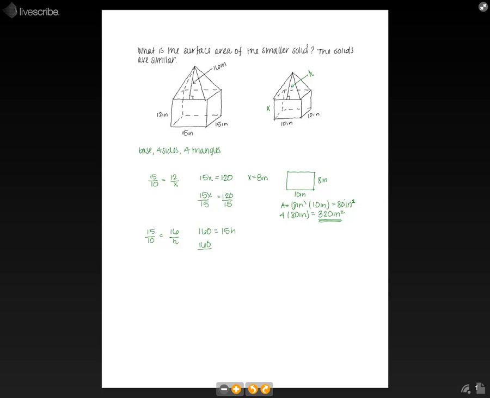So we're going to divide both sides by 15. And we're going to get h is equal to 10.67 inches, or 10 2/3 inches.